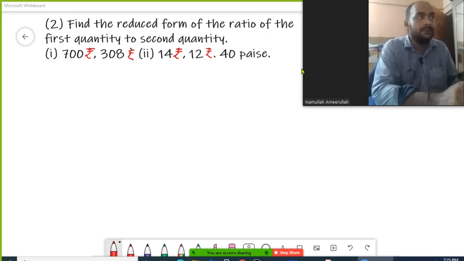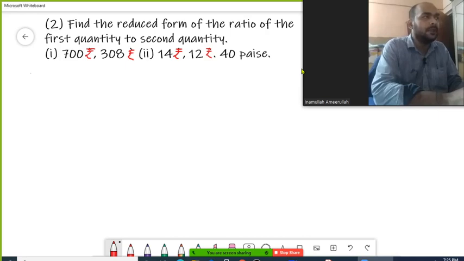For example, in the second question, the first quantity is 14 rupees and the second quantity is 12 rupees 40 paise. So in the second question, we need to convert everything either in rupees or in paise. But in the case of the first question, there is no need to make any kind of change. So we will begin with the first question itself.